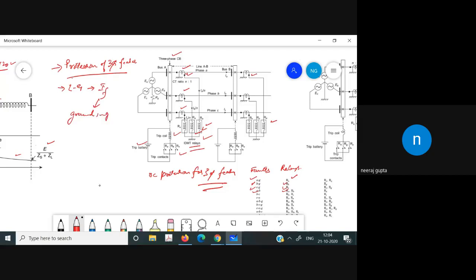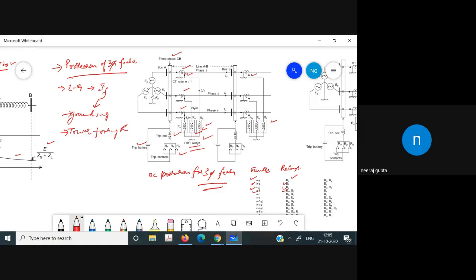And secondly, it depends upon the tower footing resistance, that is, what is the footing resistance of the tower to which it is connected. So the line to ground fault current depends upon the grounding, what type of grounding we have used, and second is the tower footing resistance.